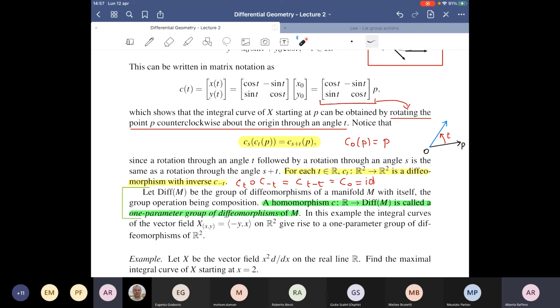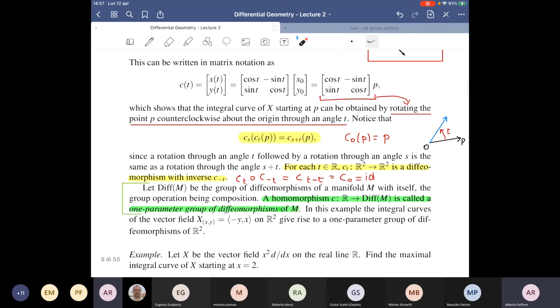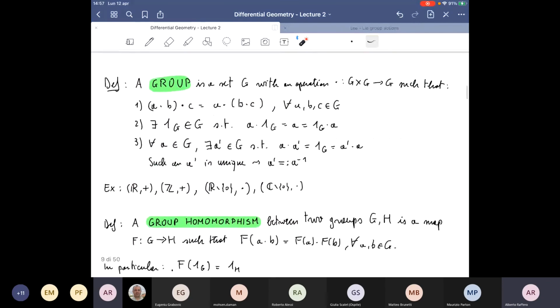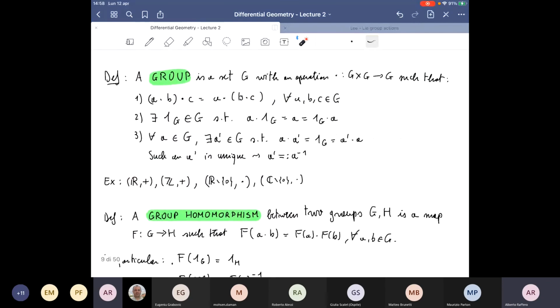So what we obtain here is an instance of this more general object. But before going on, let's just recall some definitions around this definition here.